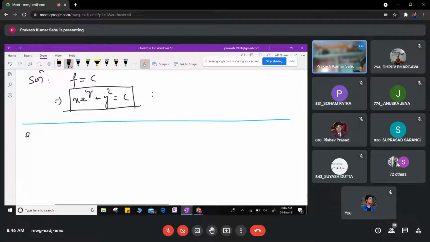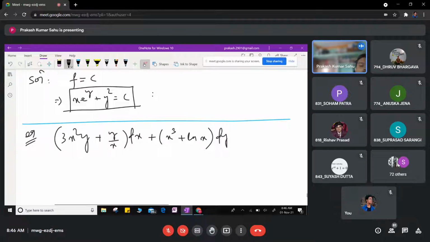Suppose (3x square y plus y by x) dx plus (x cube plus ln x) dy is equal to 0.